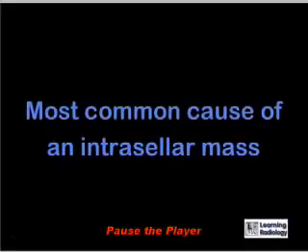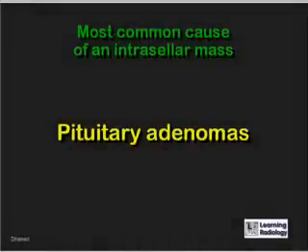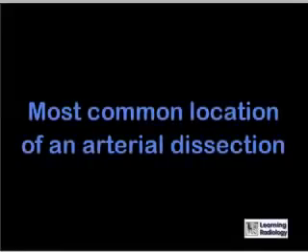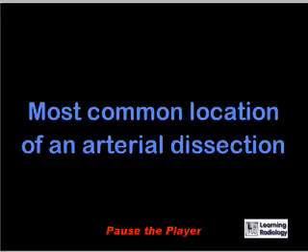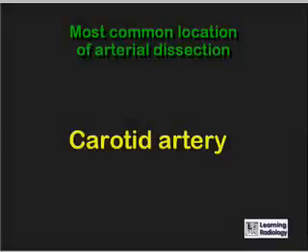What is the most common cause of an intrasellar mass? Pituitary adenomas. What is the most common location of an arterial dissection? The carotid artery.